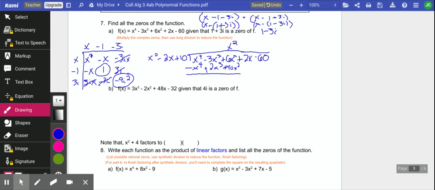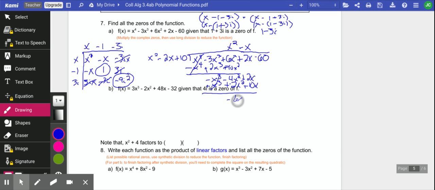That's a negative there, so we get negative x cubed minus 4x squared plus 2x. I'm going to need a negative x on top. That'll give me negative x cubed plus 2x squared minus 10x. Draw the line and change the signs.